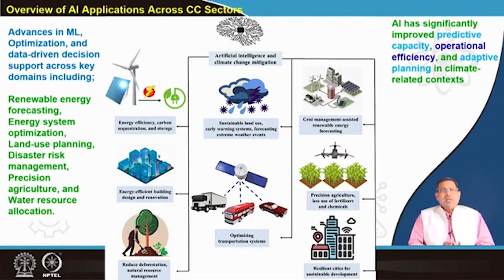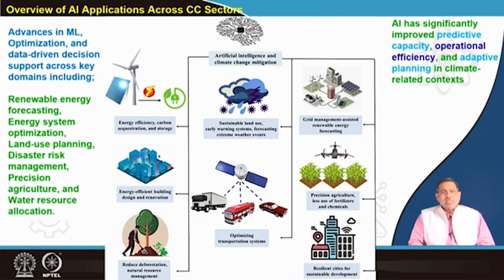Coming to the first one, as we know, it boosts the energy efficiency, helps in terms of carbon sequestration and storage. The second one, energy efficient building design and renovation.